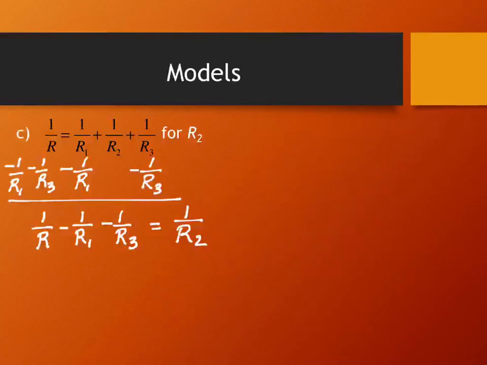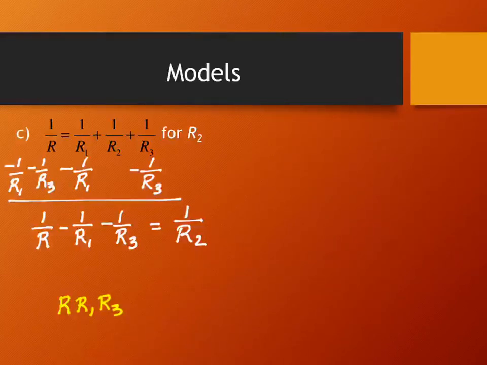So I do want to flip them upside down, which means I need to have a single fraction on the left-hand side. Okay? So they don't match R1 and R3, but they are going to be the common denominator, R1 and R3. Okay? So what I need is my denominator to be R1, R3.